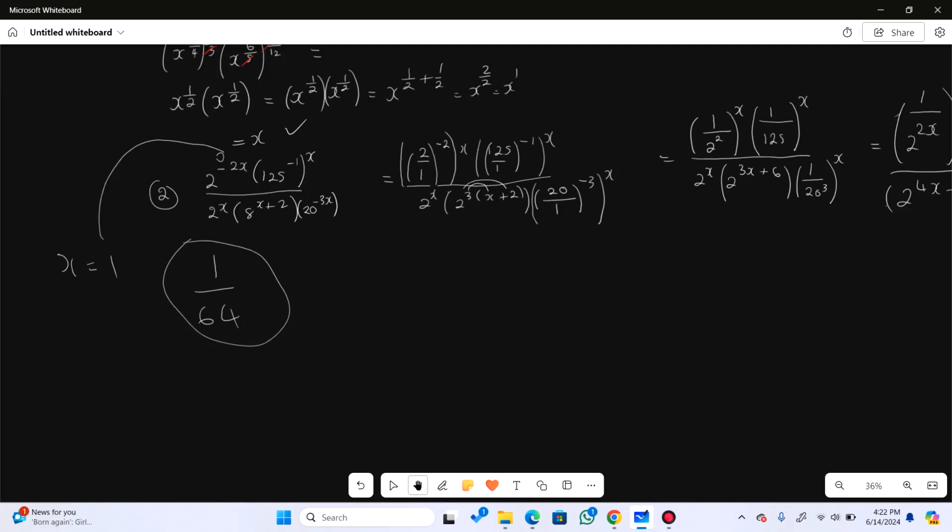So negative 2 times 1 times 125 to the power 1 times 2 to the 1, and then times 8 raised to the power 1 plus 2, and then times 20 raised to the power negative 3.